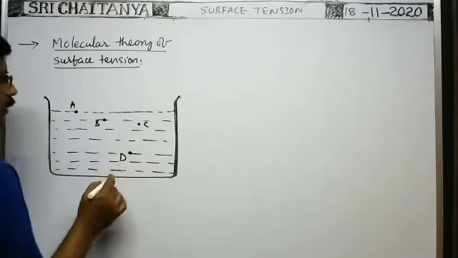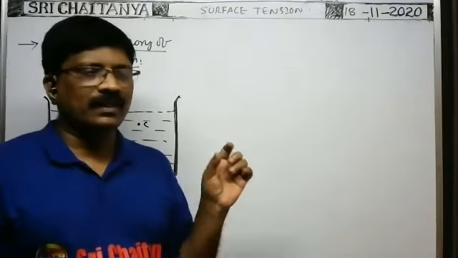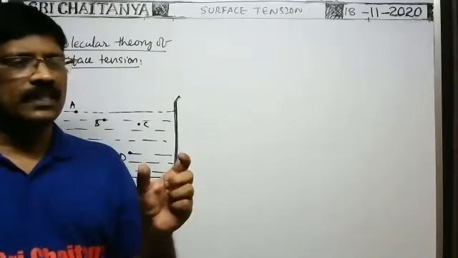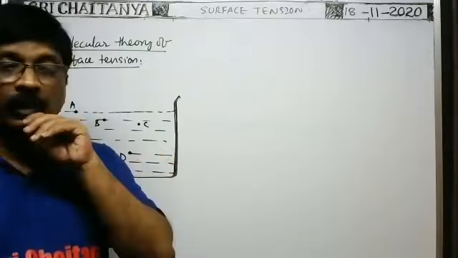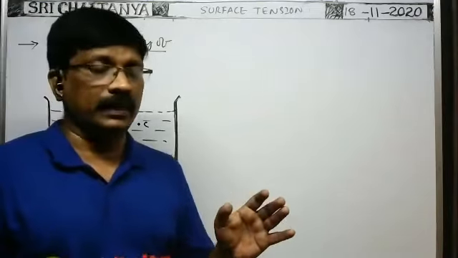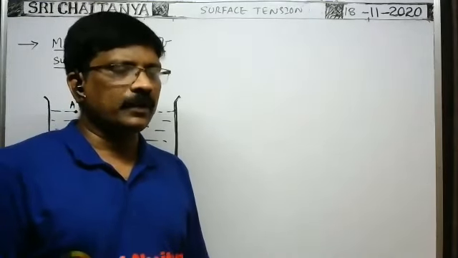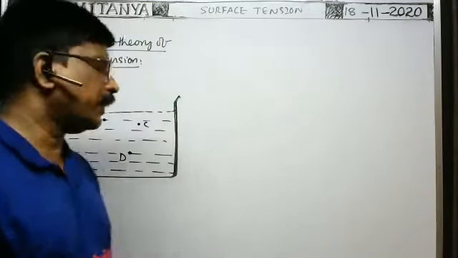You imagine the different liquid molecules. You already know the molecular range of attraction. Molecular range of attraction means the maximum distance between the molecules at which they can attract each other. It is in the order of 10 to the power of minus 9 meter, that is, nanometer.